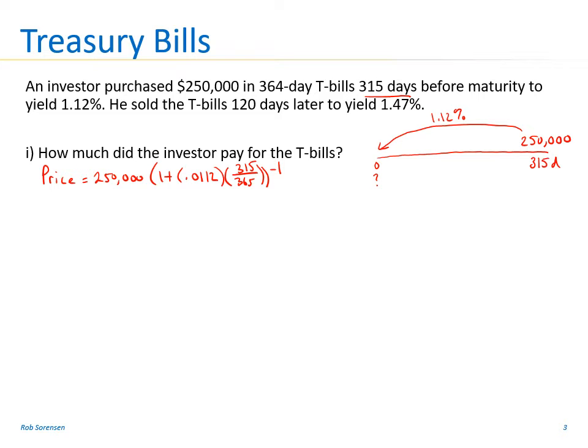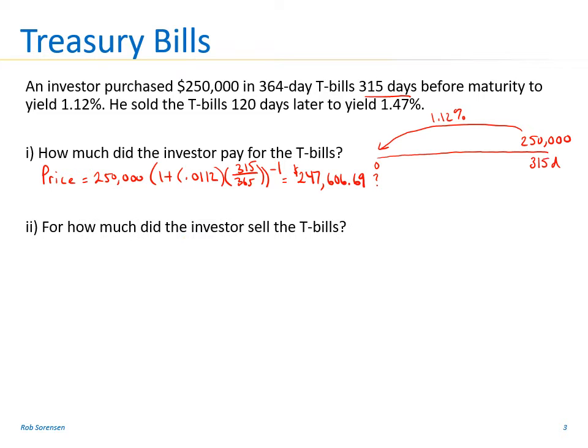And if we work that out, we get $247,606.69. So that's that unknown amount right there. That's what they would pay. So if they bought that, they're going to make almost $400, aren't they? That represents 1.12%. That's what that is.